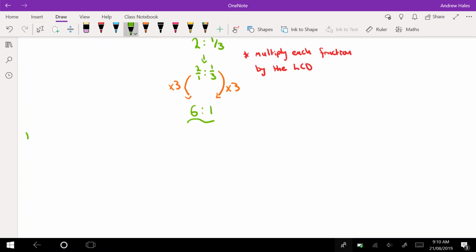And then finally, before ratios can be simplified, they need to be in the same units.